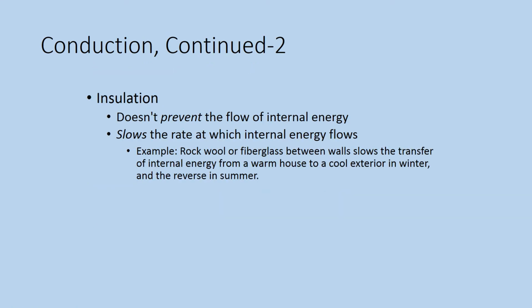Now, in this slide, we reiterate the fact that insulating materials, what we call insulation, such as the fiberglass that is placed between the interior walls and the exterior walls of a house, is an insulator which slows the transfer of heat from the warm house to a cold exterior in the wintertime.